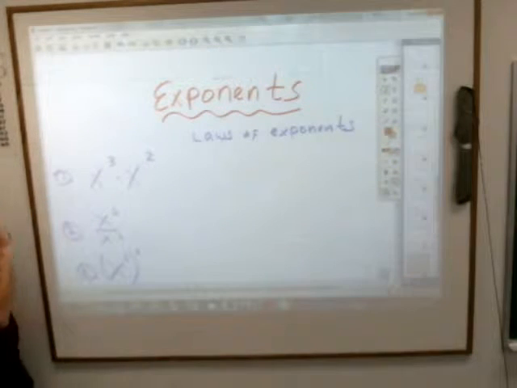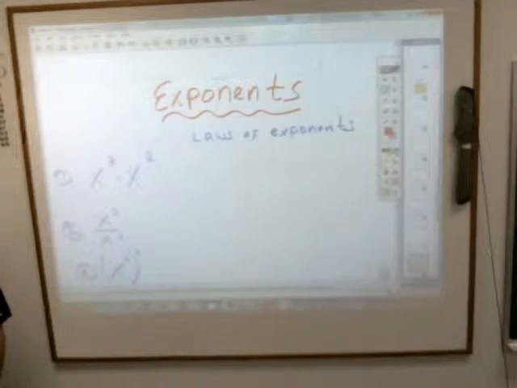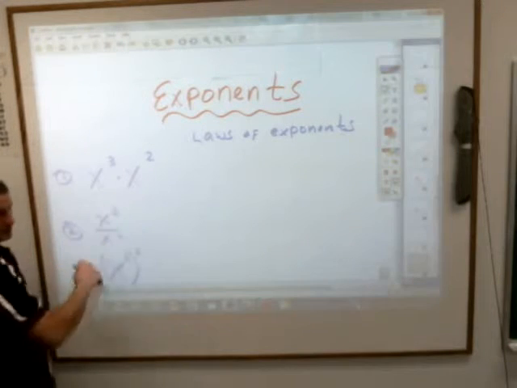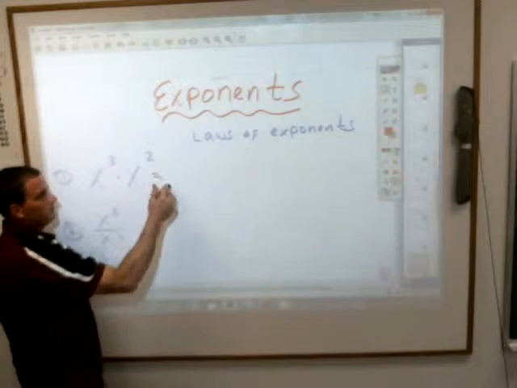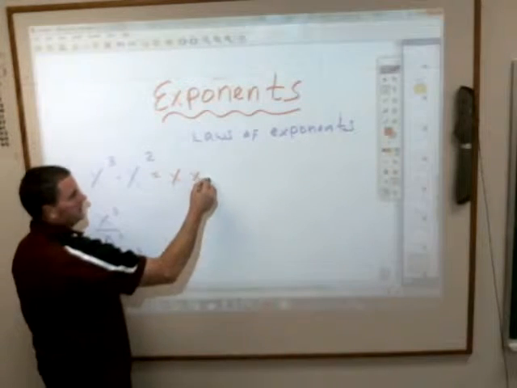If I asked you what x cubed times x squared is, anybody? It's not a hard thing, we've actually done this before. X cubed times x squared. This times this. Maybe it becomes clear if I actually do it out. X cubed is the same thing as x times x times x.